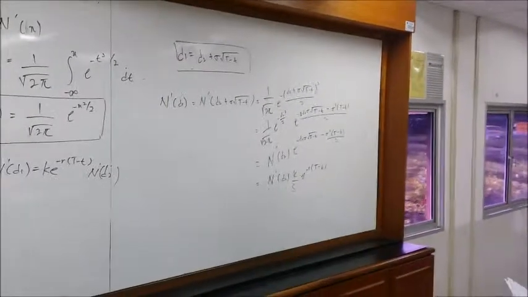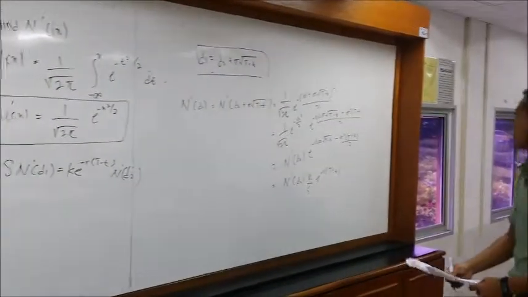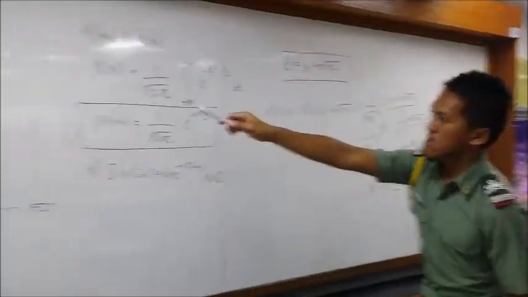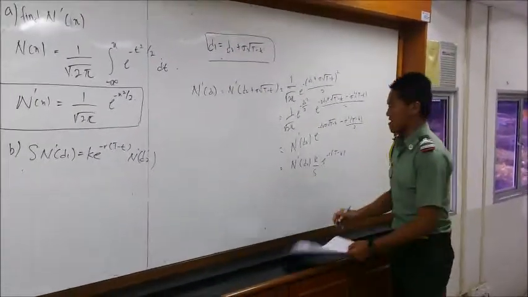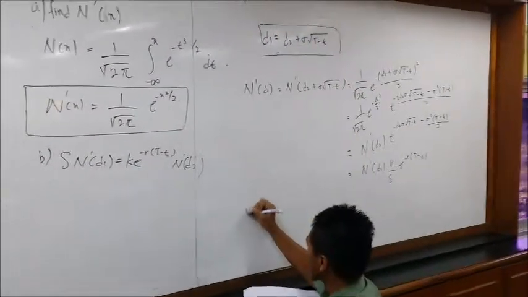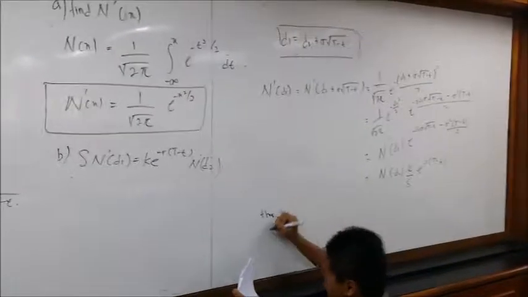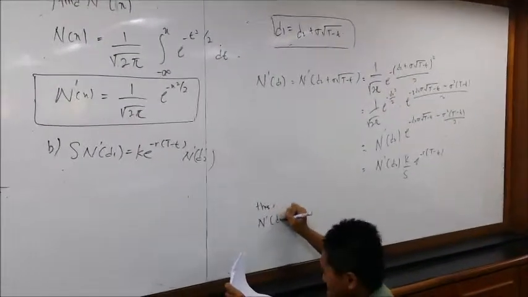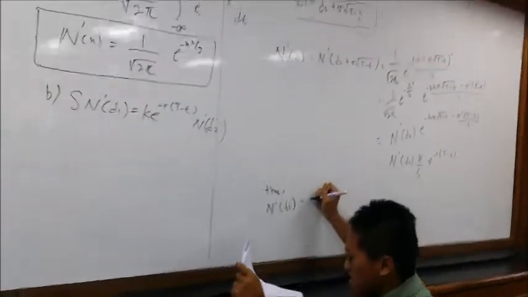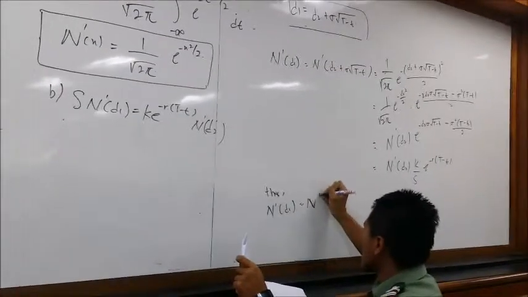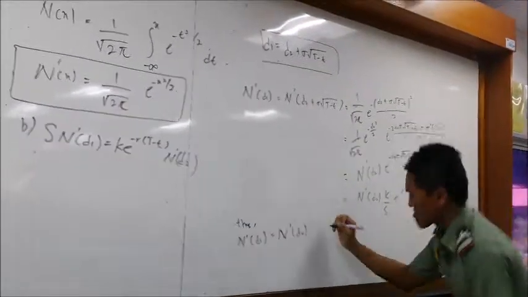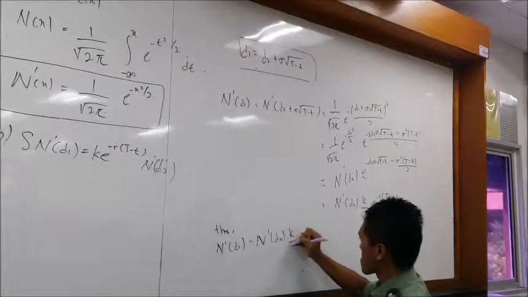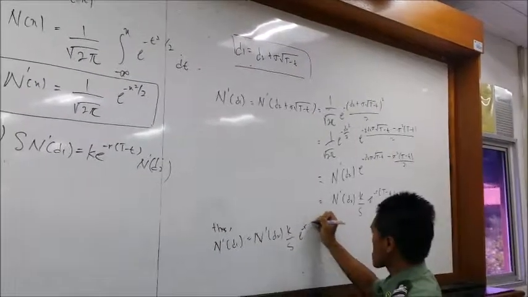This is because of that function. Thus, N prime d1 equals N prime d2 times K over S e to the power of minus r(T minus t).